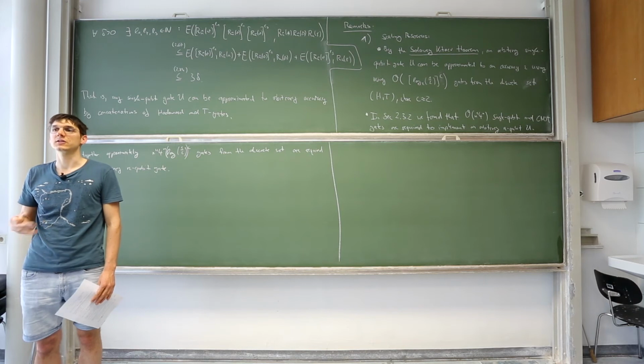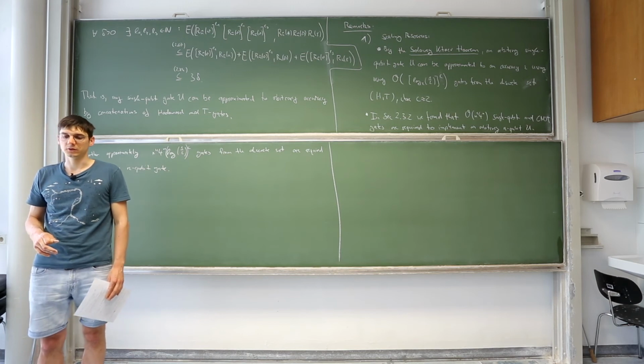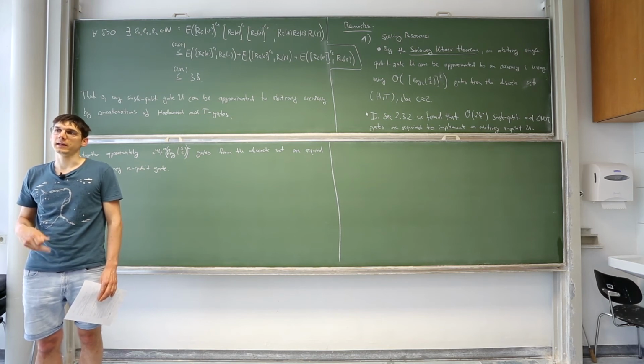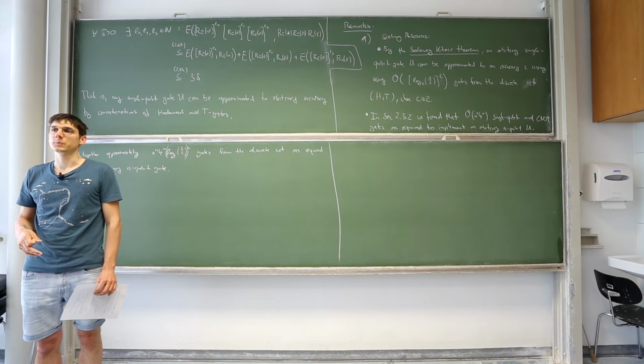There's one particular unitary transformation, the so-called quantum Fourier transformation, for which we know a circuit which scales polynomially in n. In particular, it scales as n squared.